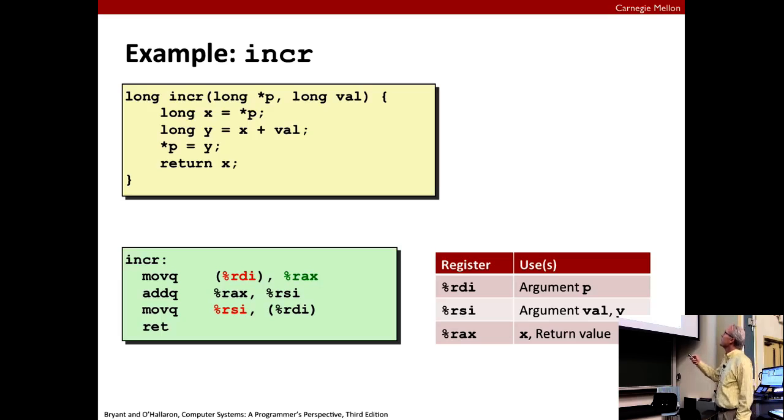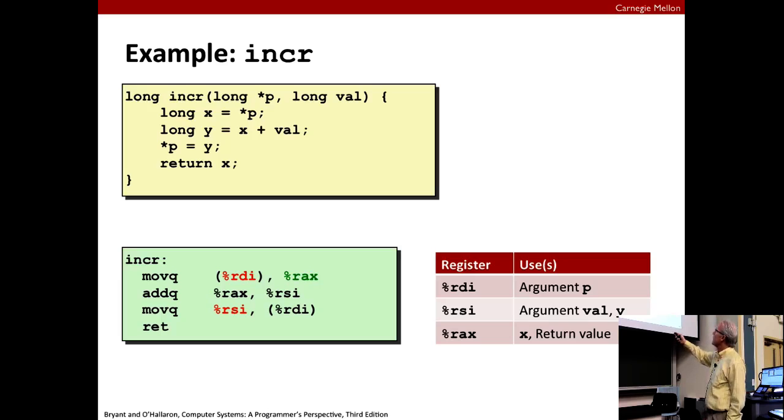I looked at this before, but this is a function. I think the interesting thing about this function is that it has a pointer being passed to it. So this function takes two arguments: one is a pointer and another is an integer value. And you can see what it does is it dereferences that pointer to get a value called x.